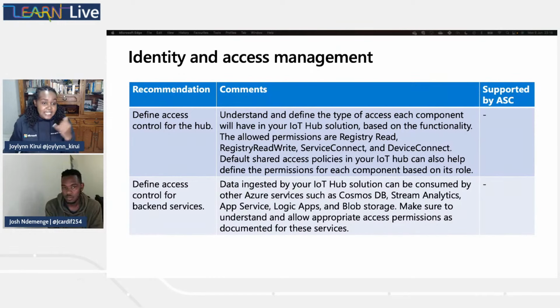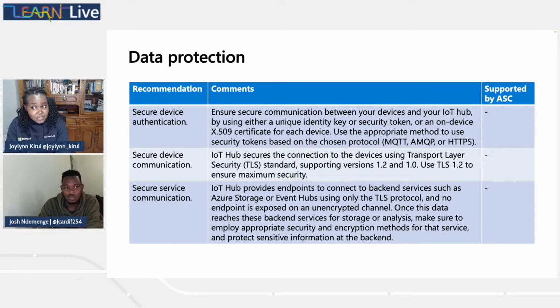Another recommendation for data protection is secure device communication. So IoT Hub makes sure that you are using TLS standards, supporting version 1.2 and 1.0, but we actually recommend using TLS 1.2 and higher for maximum security.